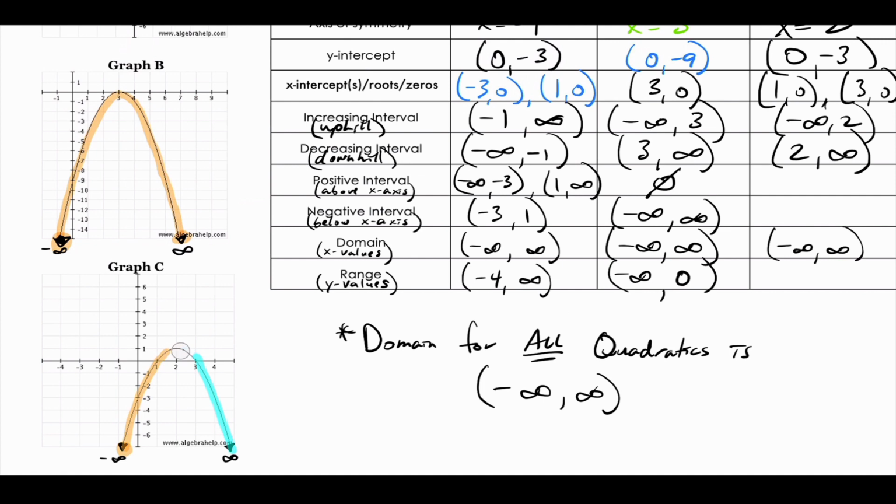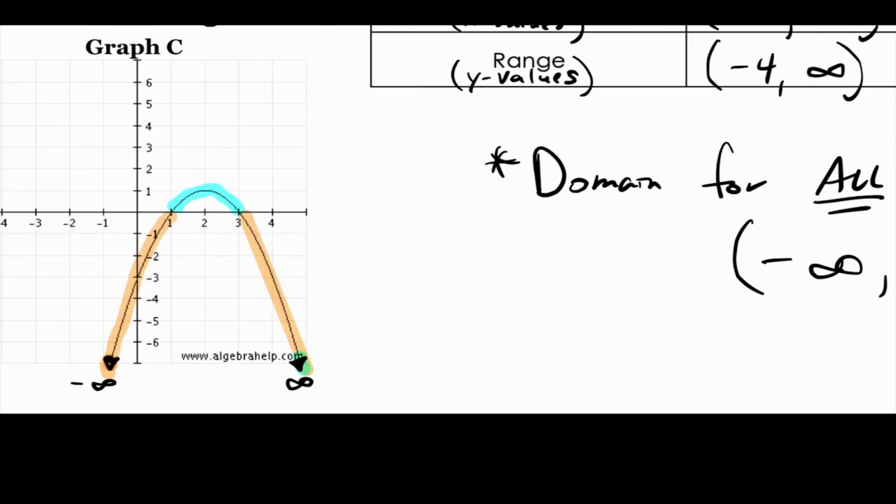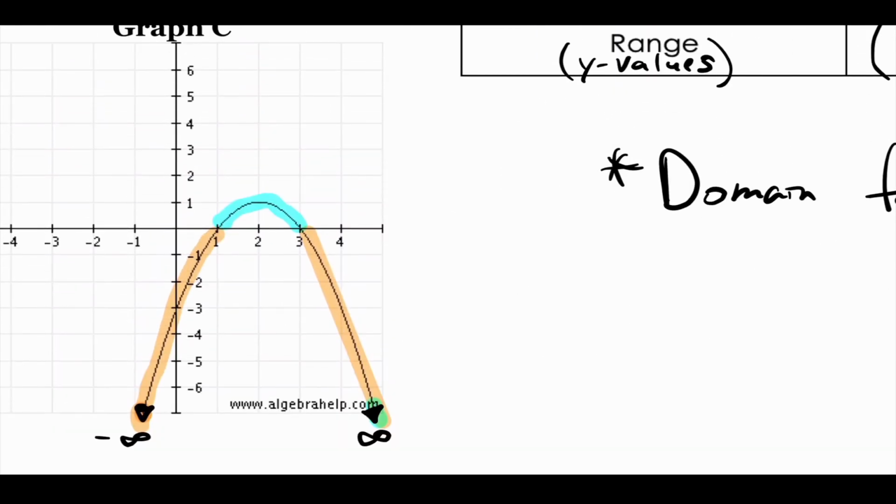Okay. When am I above the x-axis and when am I below the x-axis? Well, let's see. I start below. Then I go above. And then I go back down below. Right? So the orange is the negative interval. The blue is the positive interval. It's where I pop up out of the water and go back down.